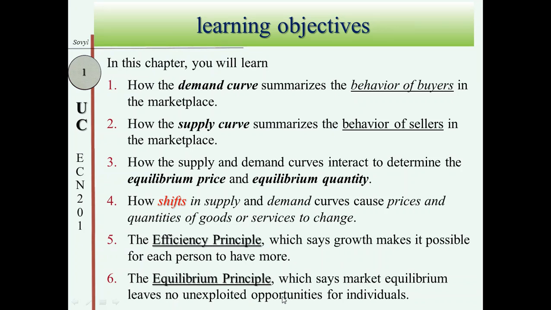Okay, that means that when the market is in equilibrium, everyone has the opportunity to get benefit from the market. When the market reaches equilibrium, everyone in the market has opportunities to get their own benefit. Okay, these are the 6 points of chapter 3 objectives that we will see together throughout this chapter.